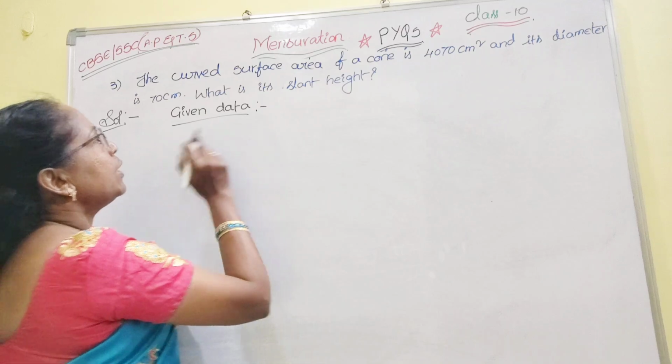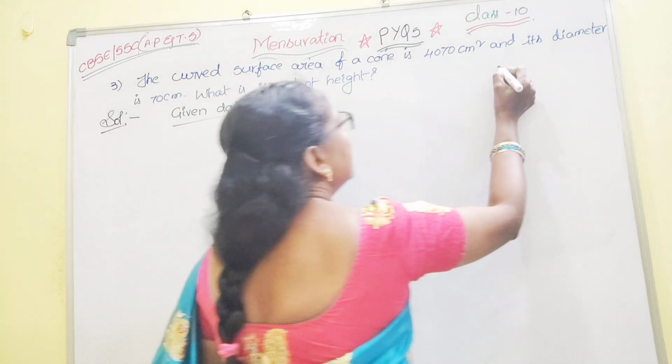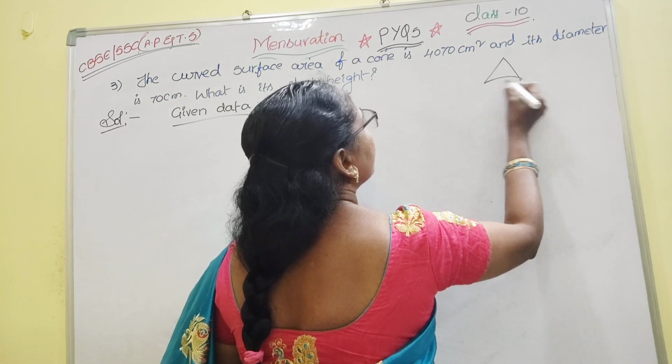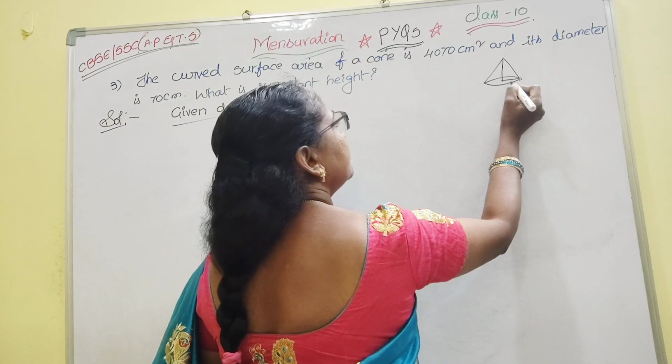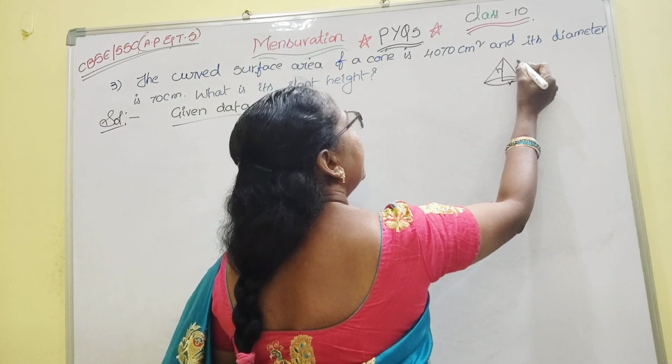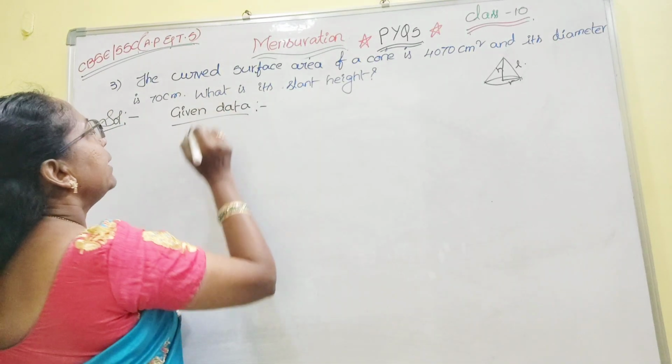Right. Now, first write down the given data. This is the cone. This is the radius, this is the height and this is the slant height. Now write down the given data.